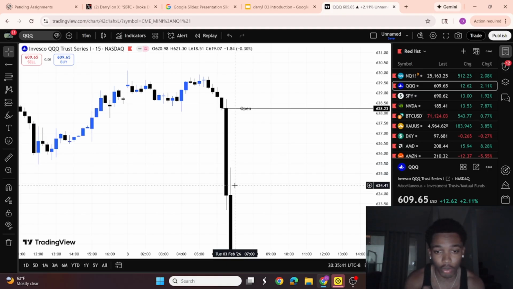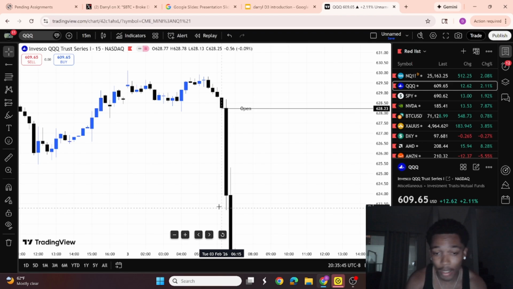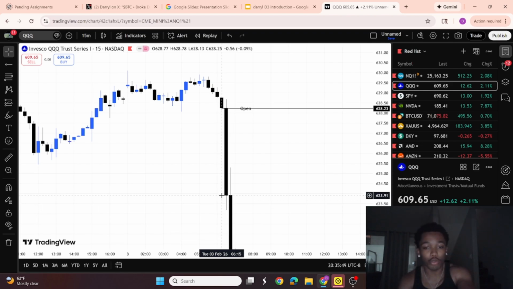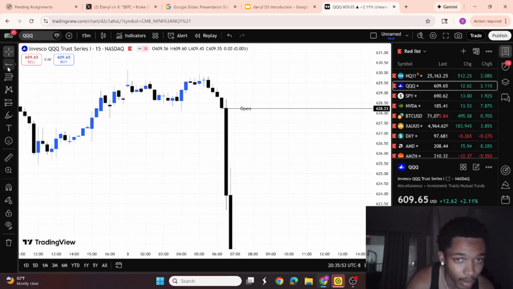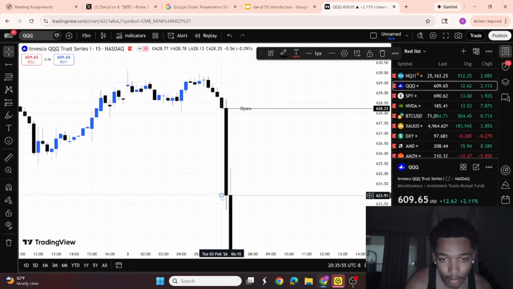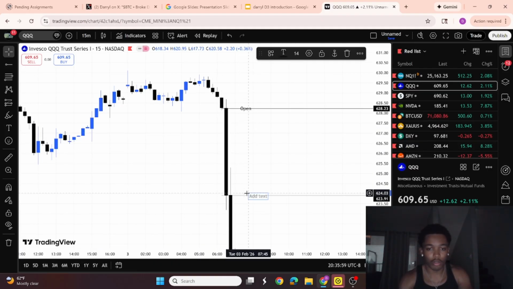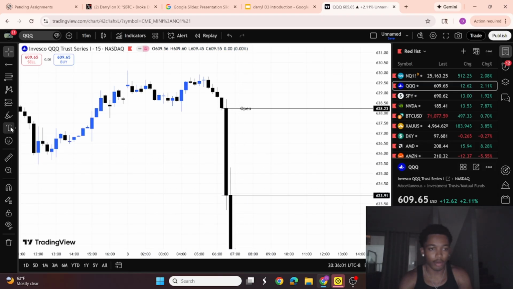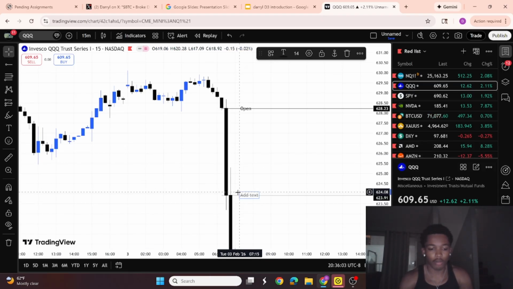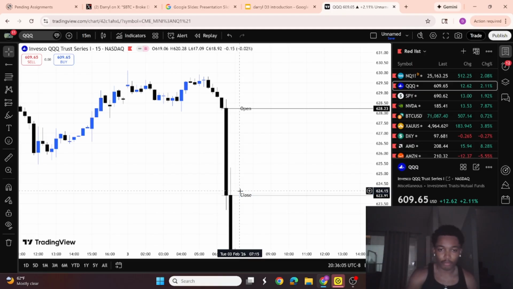It's just telling the story of where price went. Price also came down here, but since it didn't close, it left a wick. The closure is at the bottom of this box. So we call that close. It's that simple. It's how to read a candlestick.